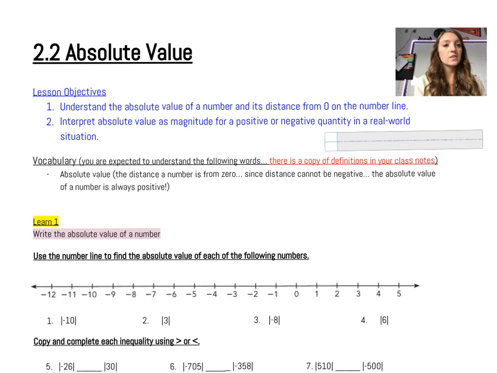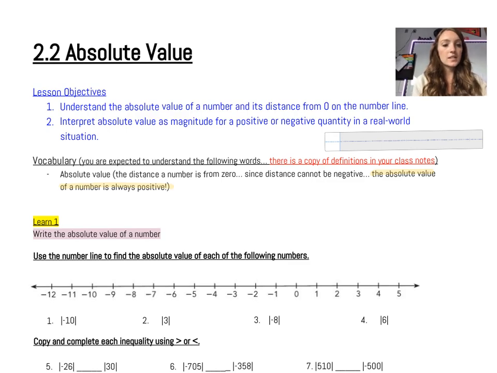Doesn't work like that. So absolute value is always going to be positive. The absolute value of a number is always positive because we are working with distance, the distance a number is from 0.